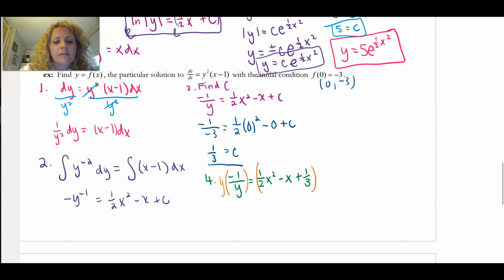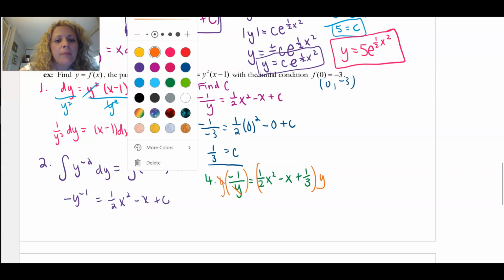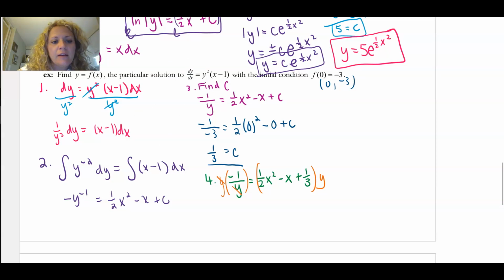So when we do that to the left, those y's undo one another. We do that to the right, we've got y by itself. Then I'd go back and rewrite this -1 equals, and then it's just all this junk times y. The parentheses do matter here, so 1/2 x squared minus x plus 1/3, all of that times y.